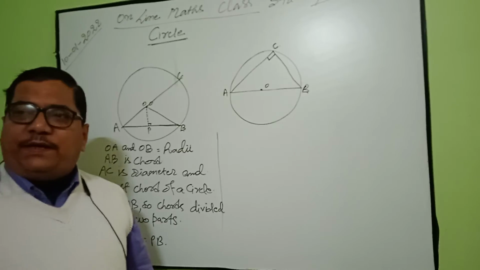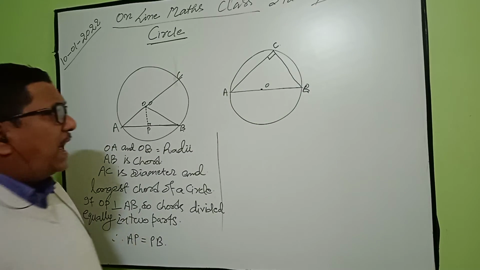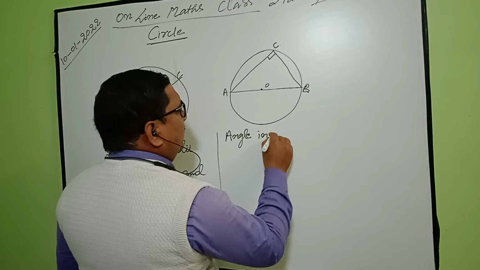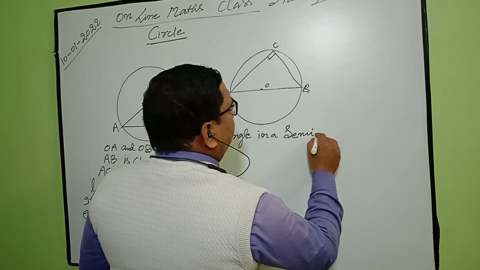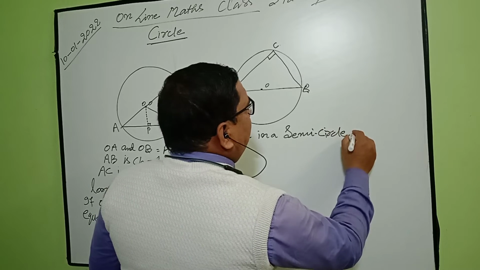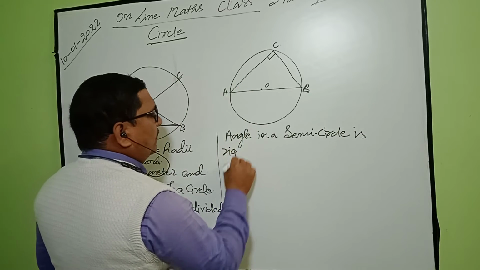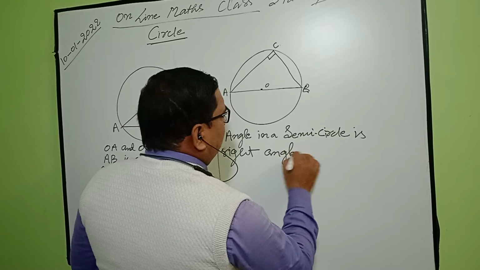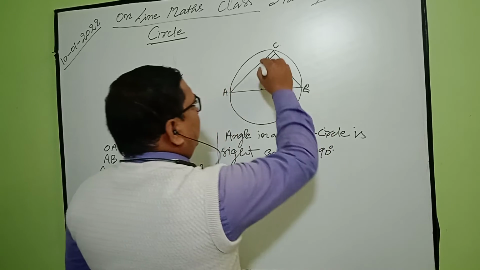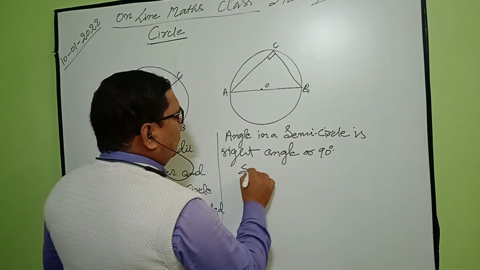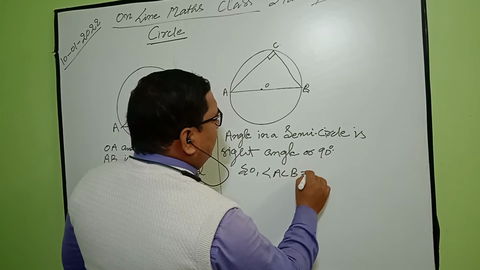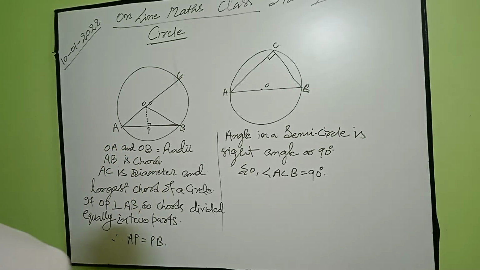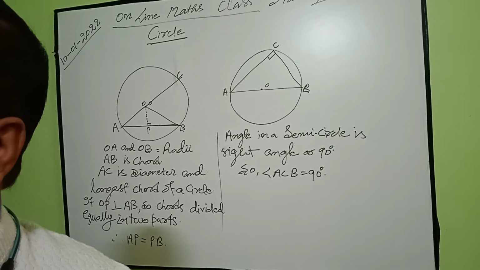This is the property which we can say: angle in a semicircle is a right angle, that is, 90 degrees. So angle ACB equal to 90 degrees.